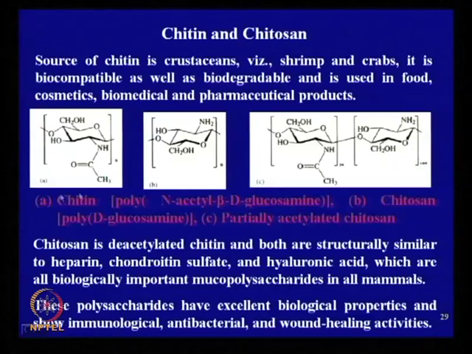The cells of those things contain chitin. That is a naturally occurring polymer having such formula. These groups are there. Carbohydrate like moieties with some substitutions, acetyl groups. Now, chitosan is a deacetylated chitin.